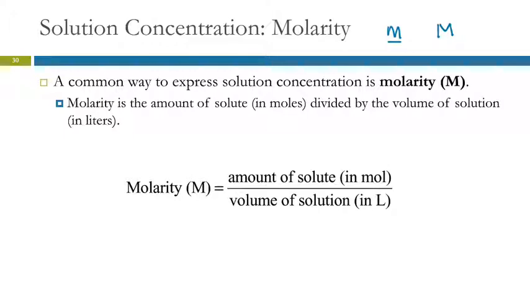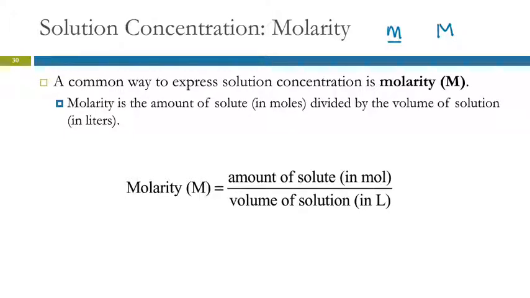Capital M means molarity, lowercase m means meter. The abbreviation for mole is mol. It's important to get these straight. And, it's like, oh, well, we're being really, really picky. Yeah, but the alternative is we have to write out all the words. So we don't want to do that.